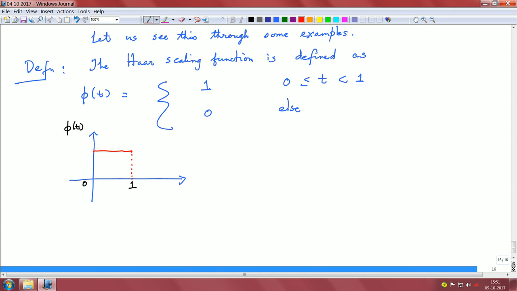If you just plot this, this is how it would look. It is like our simple step pulse that we are used to, right.